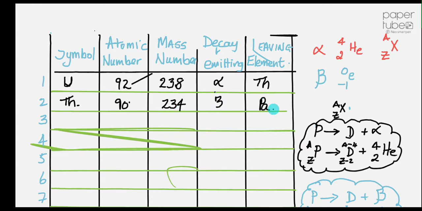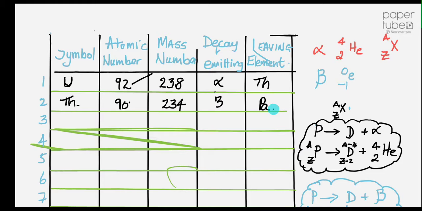Now Pa, if you're really stuck and don't know what it is, page 526, so you can hear me now in the background clicking at the back of your book, page 526, if you look for Pa, Pa is 91. It's protactinium, right? You can see it there. Fair enough. It's near the bottom, second in from the left.